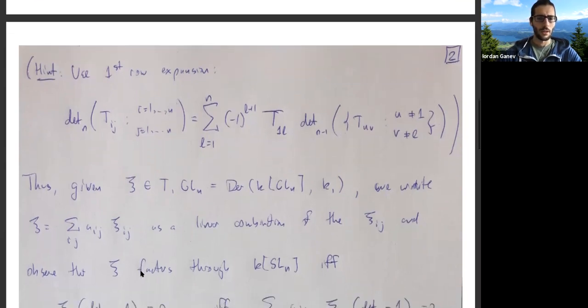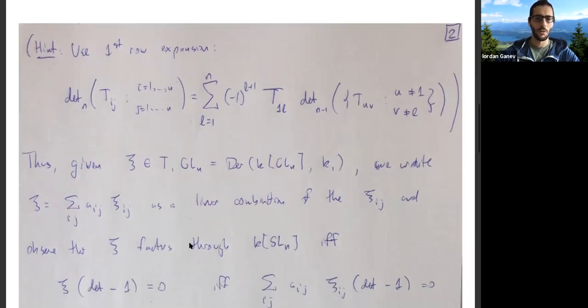And so this defines an element in the tangent space at the identity of SLN if and only if it factors through the affine algebra of SLN as a derivation, because there's a quotient map from the affine algebra of GLN to the affine algebra of SLN.